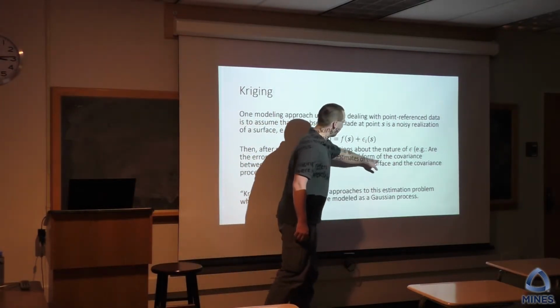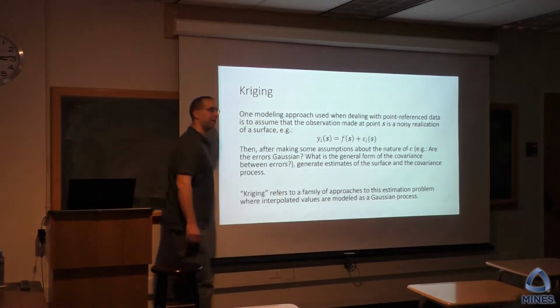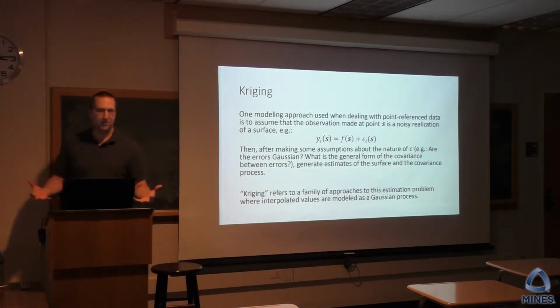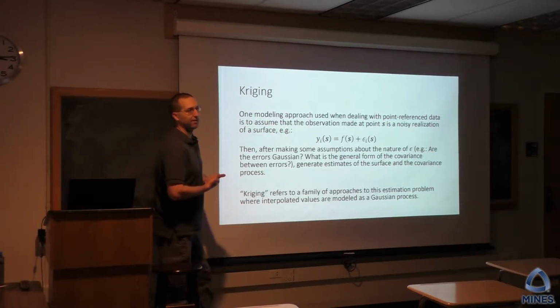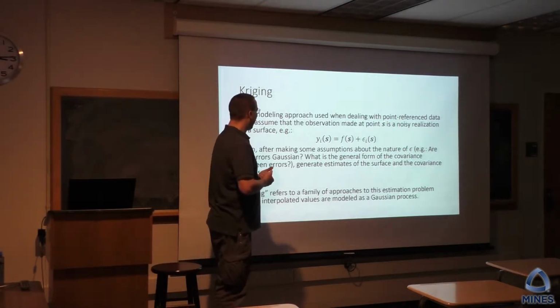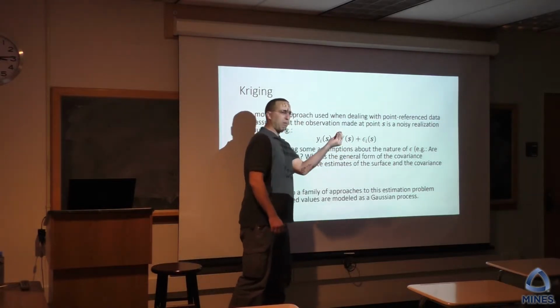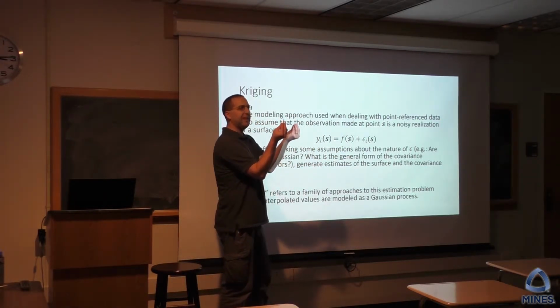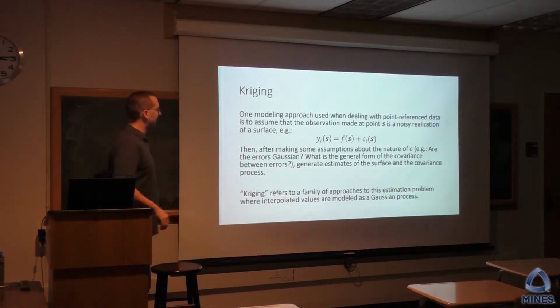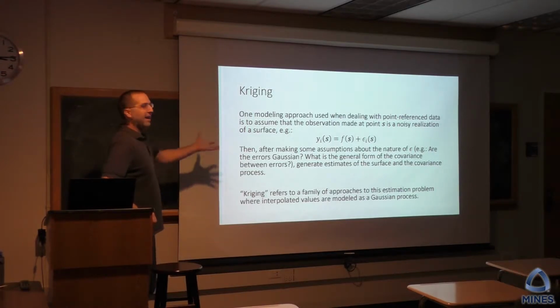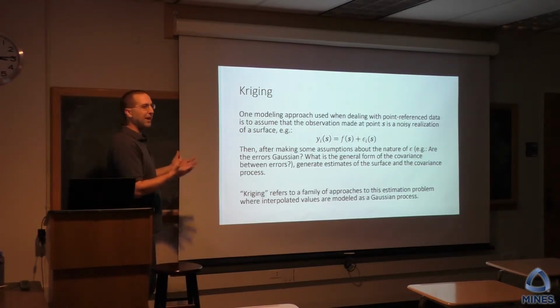Then there's really the question: what's the form of the covariance between these errors, right? The thing that we can exploit in spatial structure is that you have these errors that are not necessarily independent of one another. So the question is, how does an observation at one point in space correlate to an observation that's near or far or even farther away? If you're taking spatial statistics, you'll talk about things like stationarity, which talks about how you think the patterns of covariance might behave.